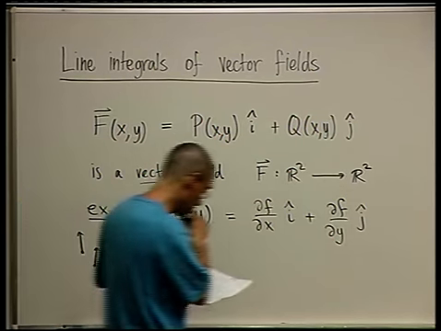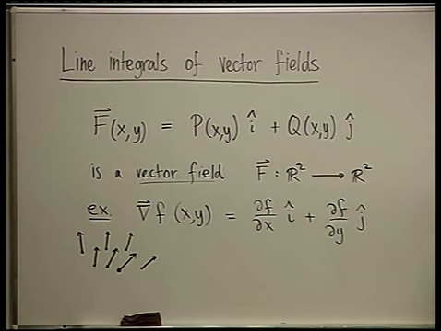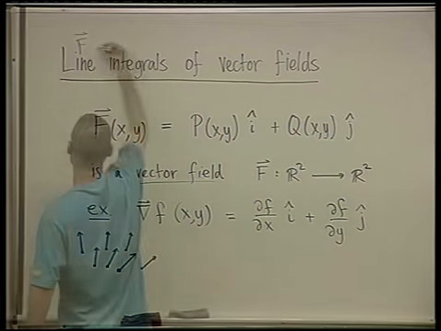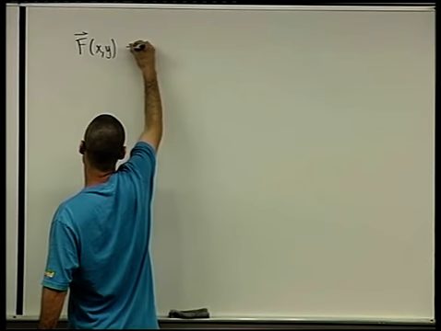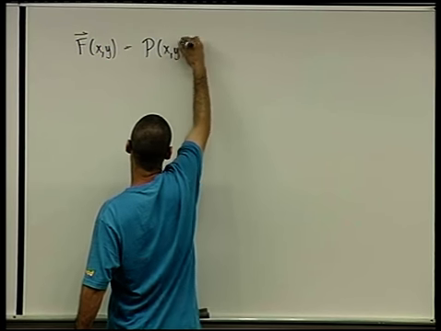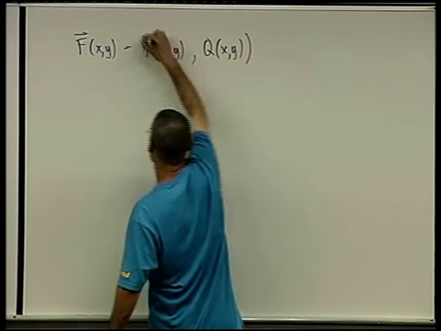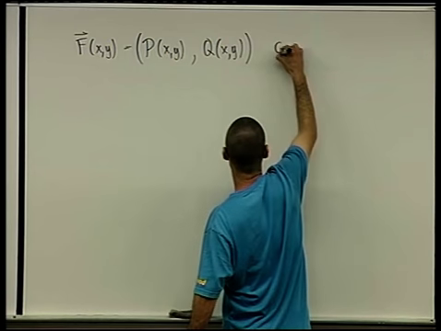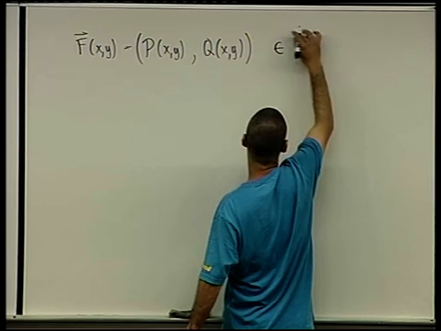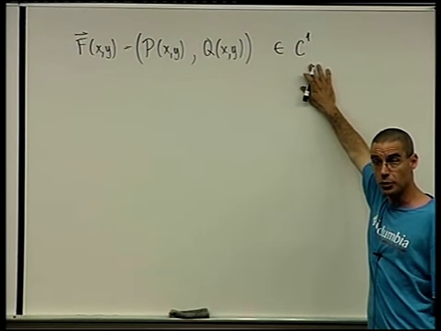Okay, so we're going to assume F of xy equals P of xy, Q of xy is going to be a vector field. And we're going to assume that as a field, it belongs to C1, meaning it has continuous partial derivatives.